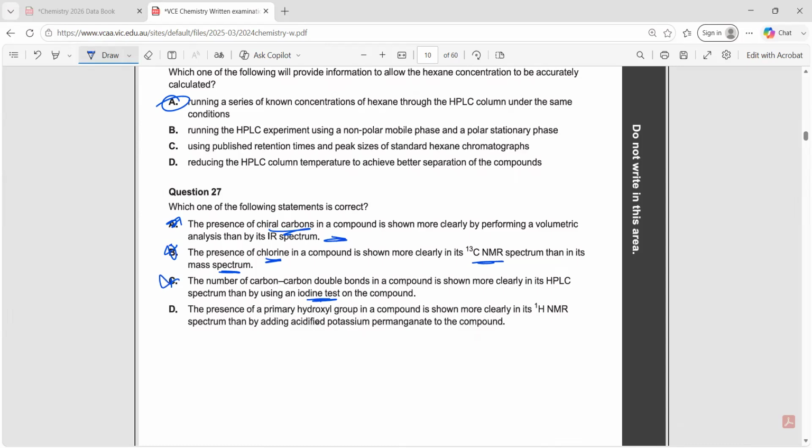The presence of a primary hydroxyl group is shown more clearly in its HNMR spectrum than by adding acidified potassium permanganate. That is also first line.